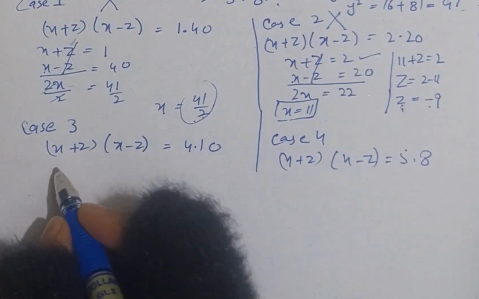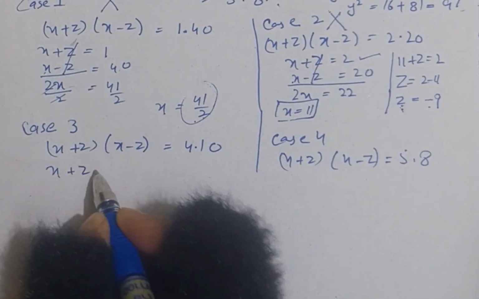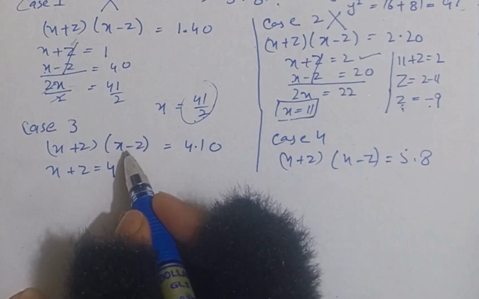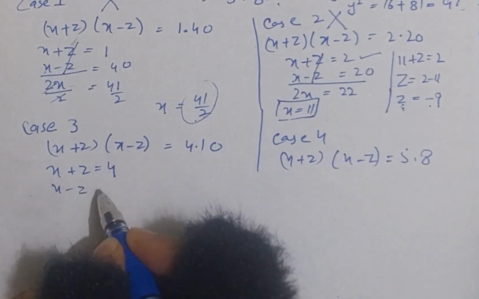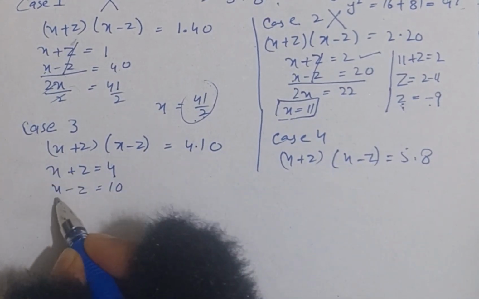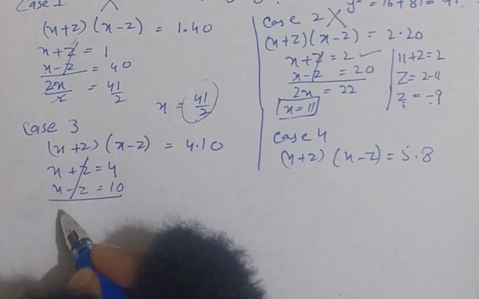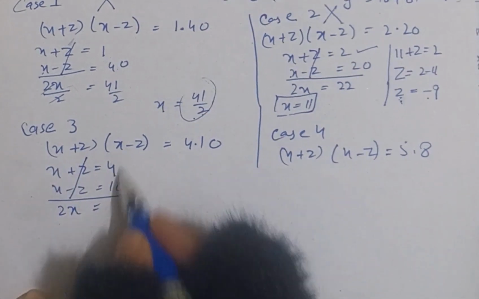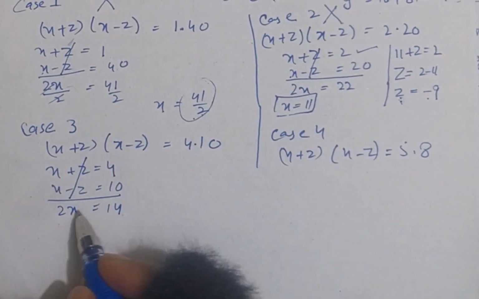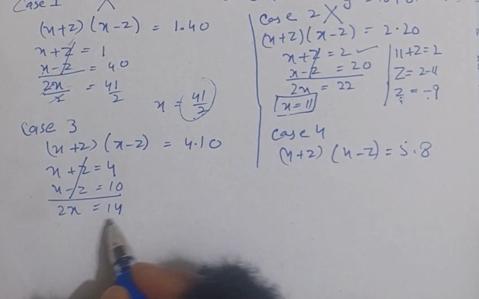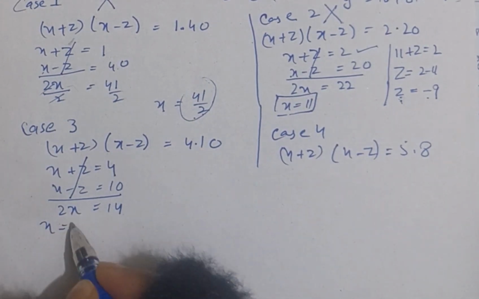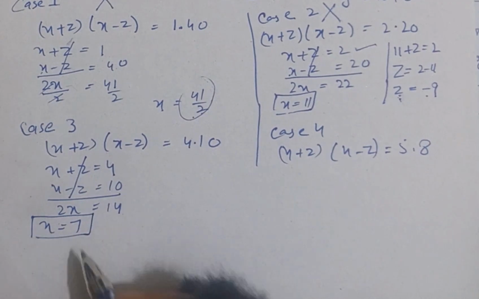Now look at case 3. This implies x plus z is equal to 4 and x minus z is equal to 10. If we add these two equations, then this will cancel. We just get 2 times x is equal to 14. If we divide this equation by 2 on both sides, then we get x is equal to 7.